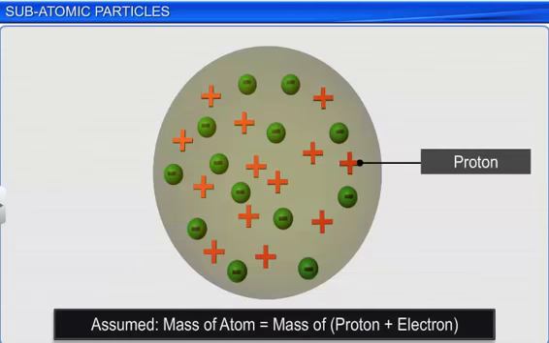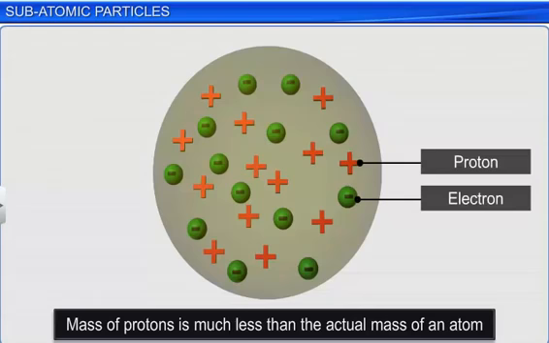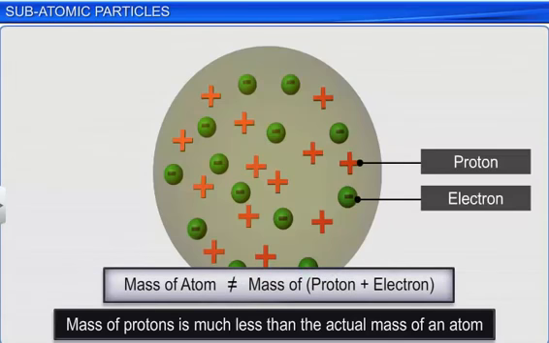It was thought that since each proton has one unit mass on the atomic scale, the mass of an atom must be the number of protons present in the nucleus, as electrons have negligible mass. However, it was discovered that the mass of all protons in an atom put together is much less than the actual mass of an atom.